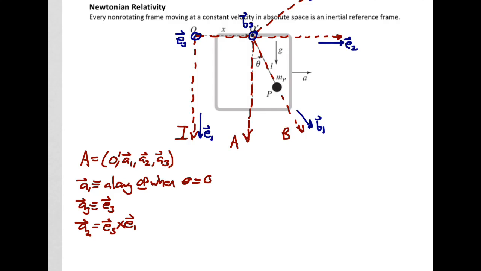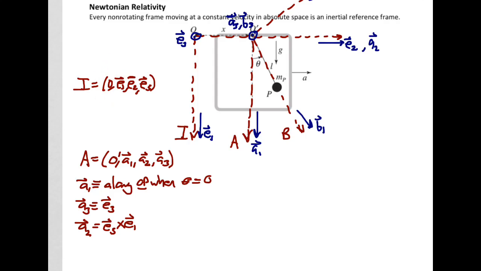So let's put these up on our plot. So we have A1, and then A2 and E2 are in the same direction, and then B3 and A3 are also in the same direction. Okay? And so the only difference between these reference frames, between reference frame I, which we said I is equal to O, and that's E1, E2, and E3, the only difference between these are the origin.